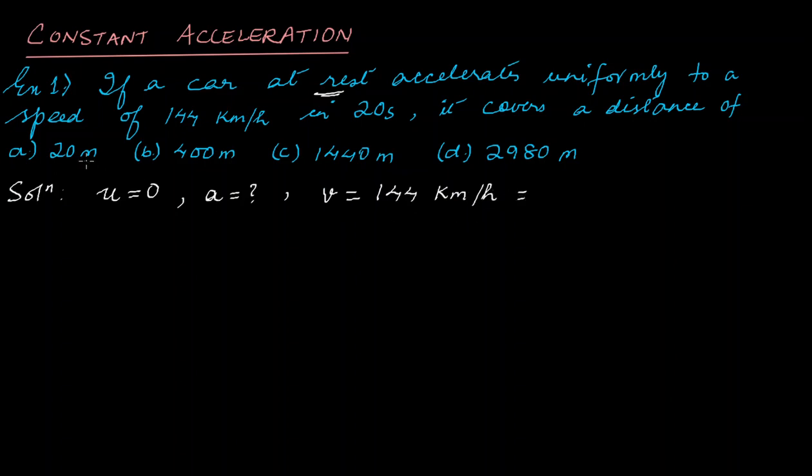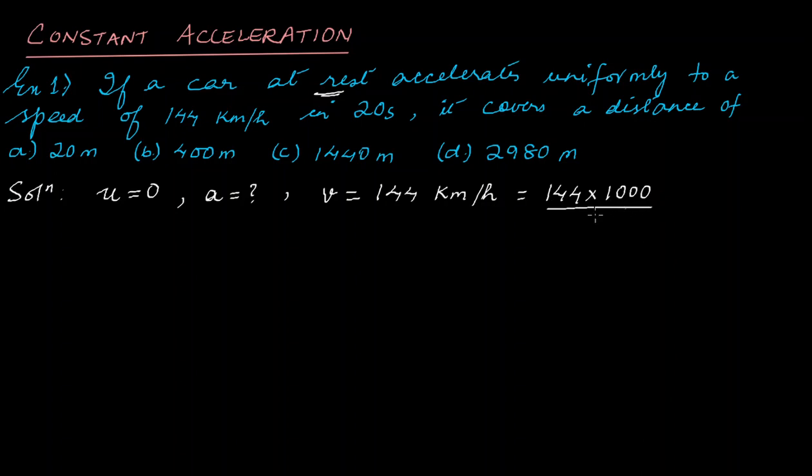So here you can see that the answer is in meters, not kilometers, which means that I have to convert this to meters per second. So how do I convert this? I have 144 kilometers, convert this to meters. 1 kilometer is how many meters? 1000 meters, right?